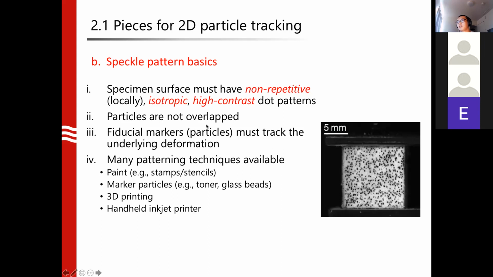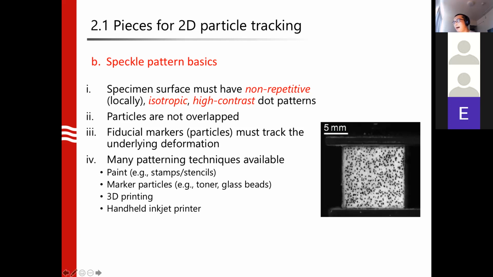Otherwise, you need some additional care, like a watershed algorithm or other algorithm, to deal with overlapping particles. Also, particles should stay in close contact with the surface of the specimen. They should not leave the specimen during the deformation. Otherwise, the particle cannot tell you the deformation of the specimen.